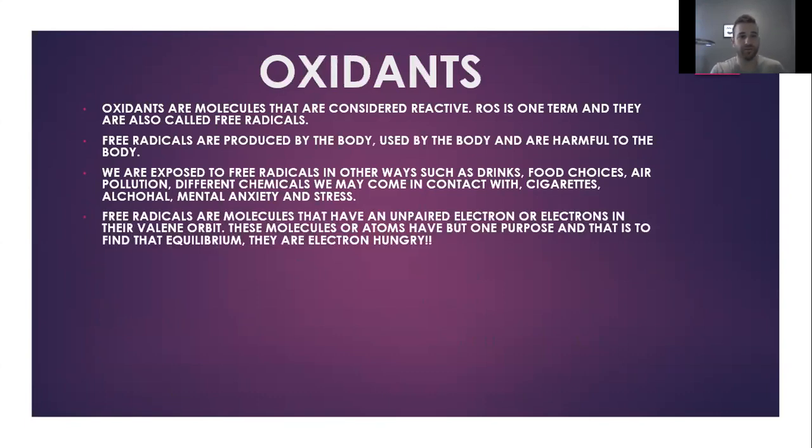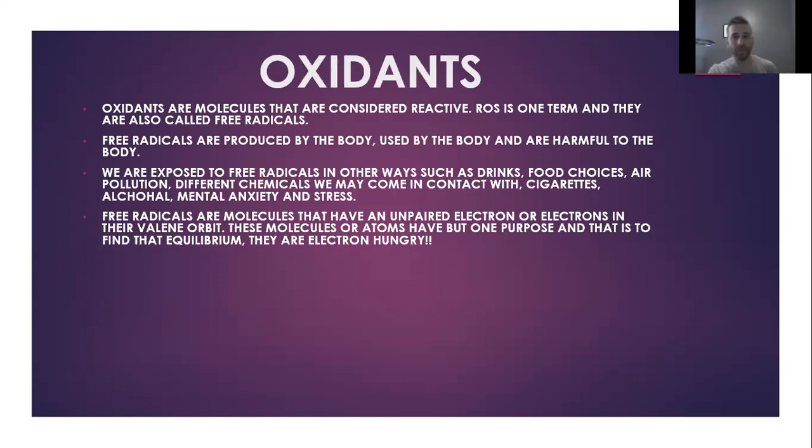Okay, free radicals are molecules that have an unpaired electron or electrons in their valence orbit. These molecules or atoms have but one purpose, and that is to find that equilibrium. They are electron hungry. I'm really pounding that in because I don't want people going through this module to ever think that oxidants mean positively charged.